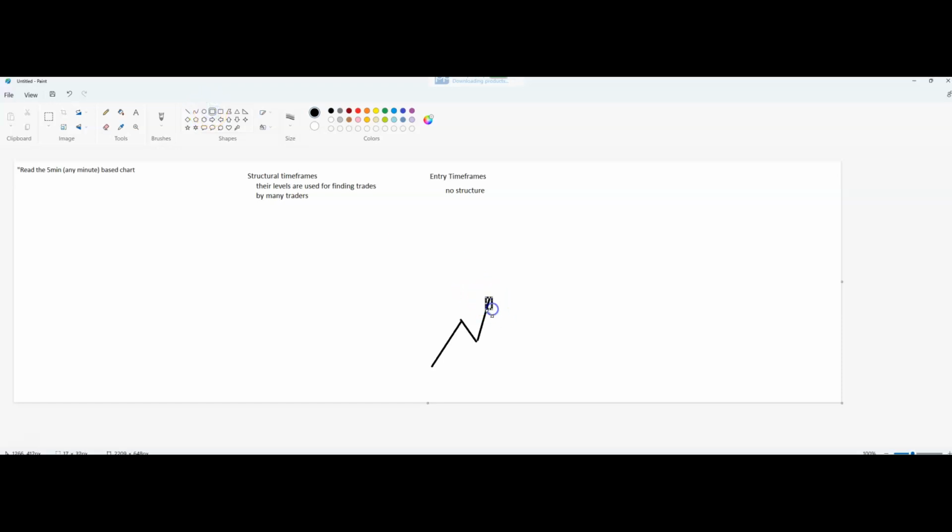You have green here, green there, right? But we know that that time frame on a medium chart is something like that. Okay?